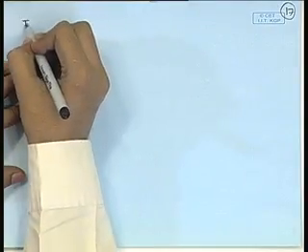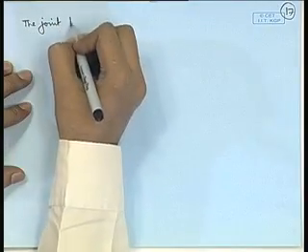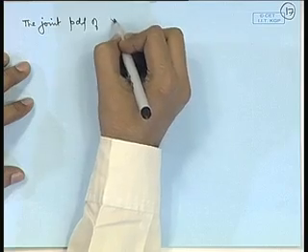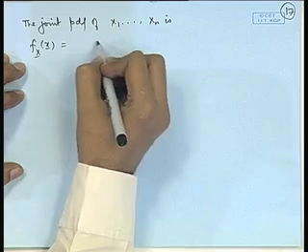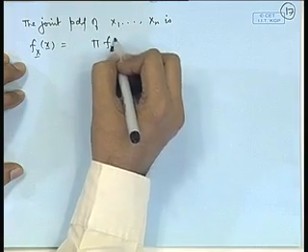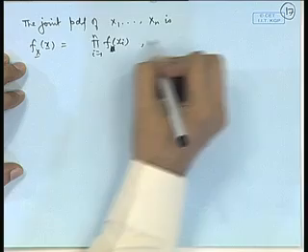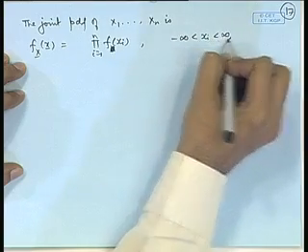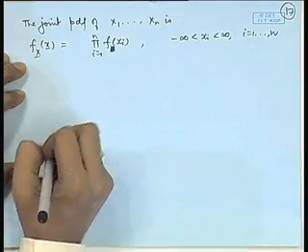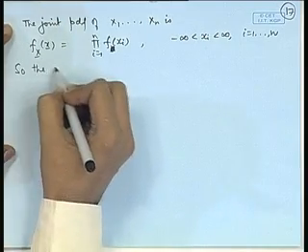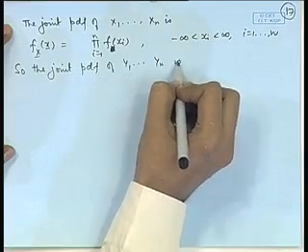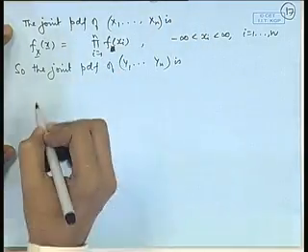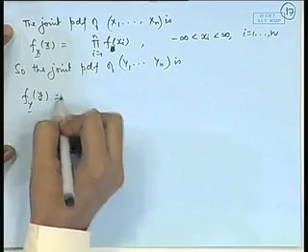Now, the joint distribution of x1, x2, ..., xn is the product of f of xi, i equal to 1 to n. So, in general the regions are such that the joint PDF of y1, y2, ..., yn, that is, the order statistics, can be found.